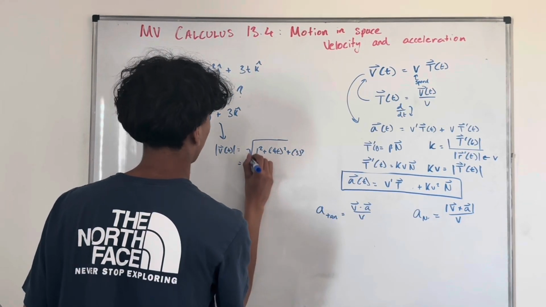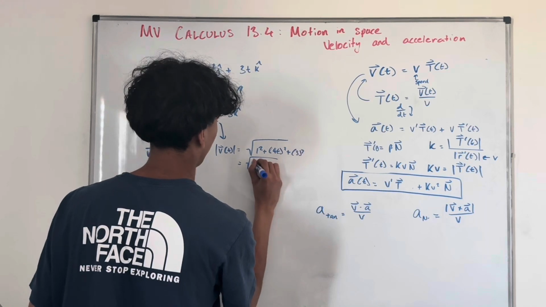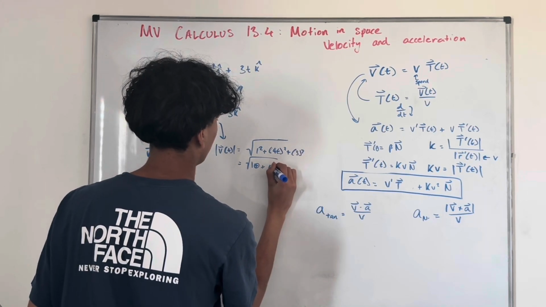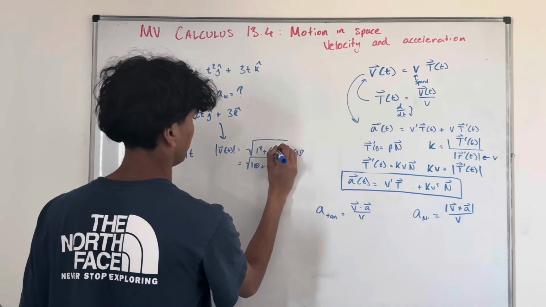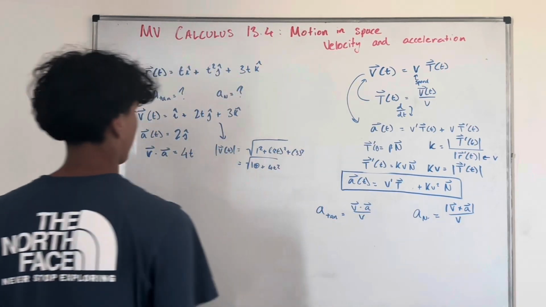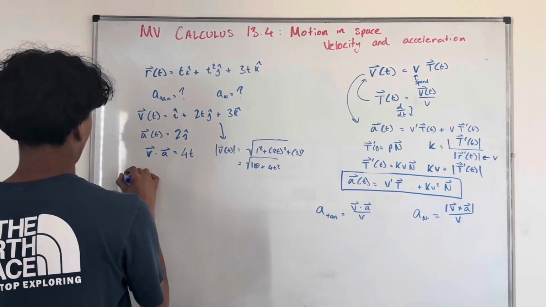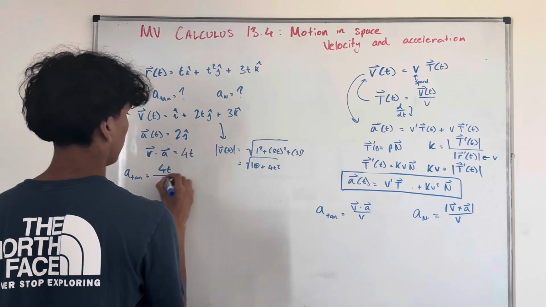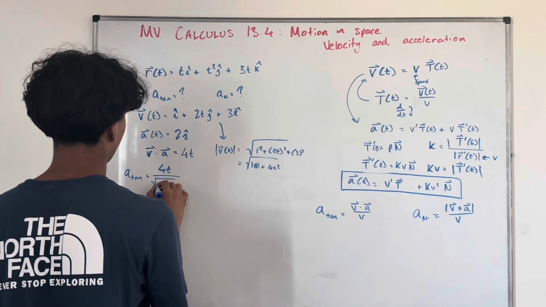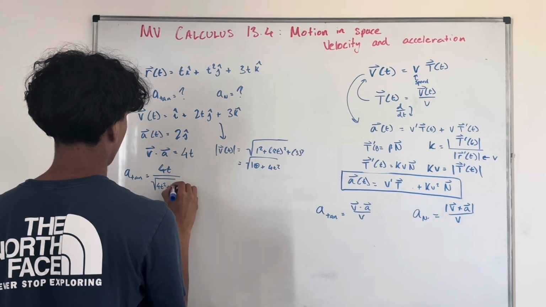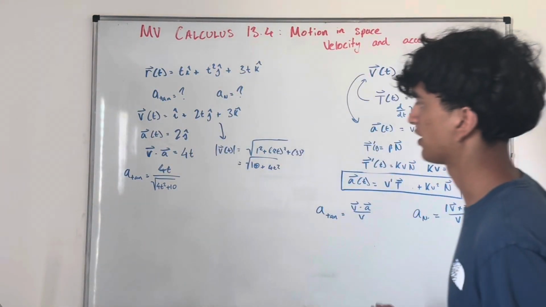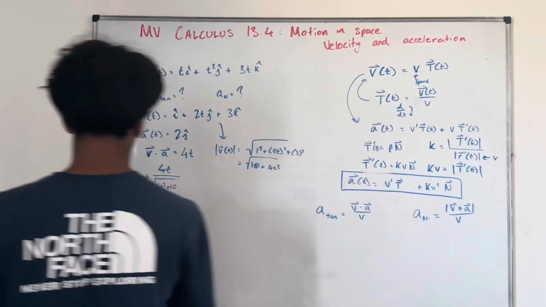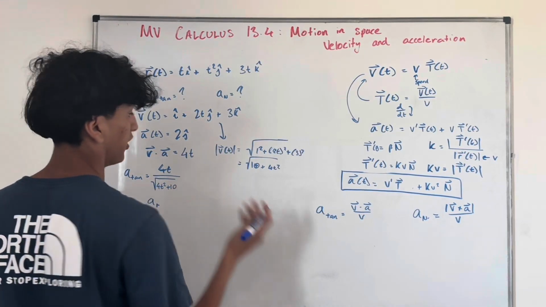I end up getting the square root of 4t squared plus 10. So for the tangent component, it's going to equal 4t over the square root of 4t squared plus 10.